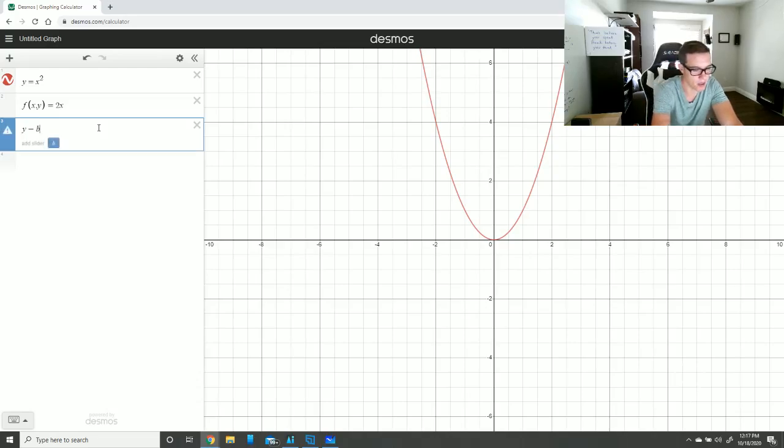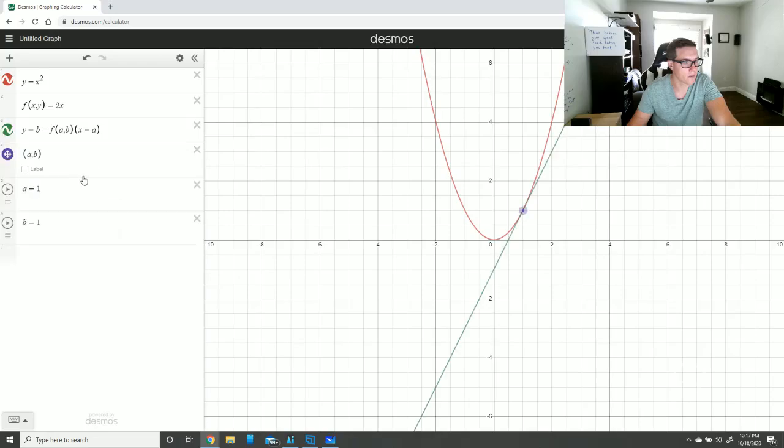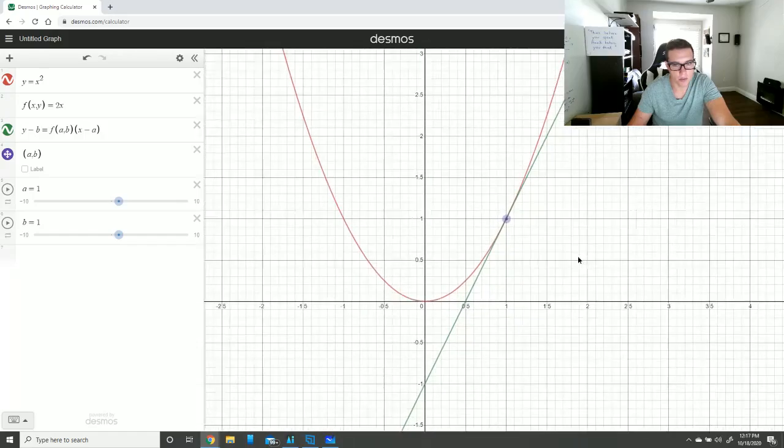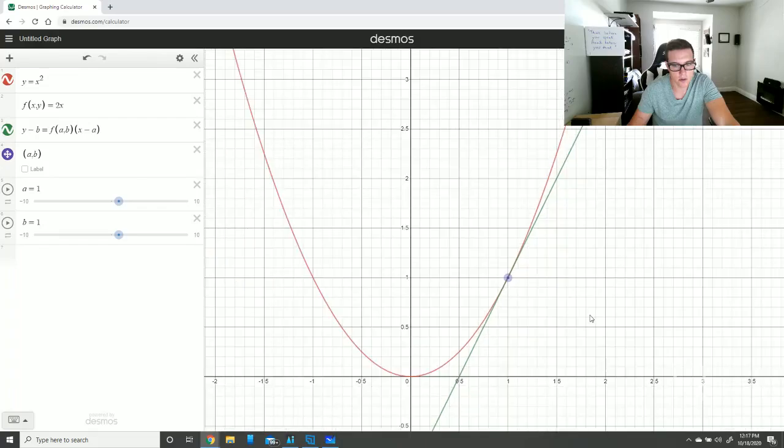Y minus b equals the slope times x minus a. Create a movable point. So you're telling me that in this interval from 0 to 3, so I'm going to zoom right in on this interval, 0 to 3.